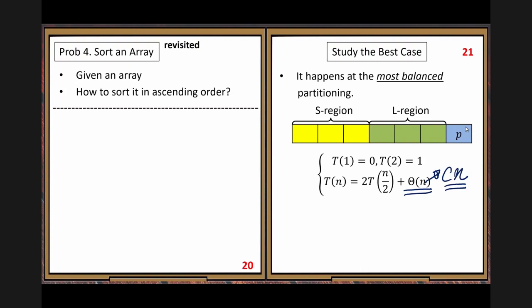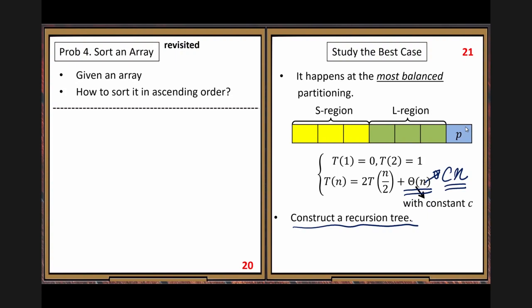All right, so let's do the calculation, but here I like to use a recursion tree way to do it. Recursion tree is a graphic way, so we draw diagrams.